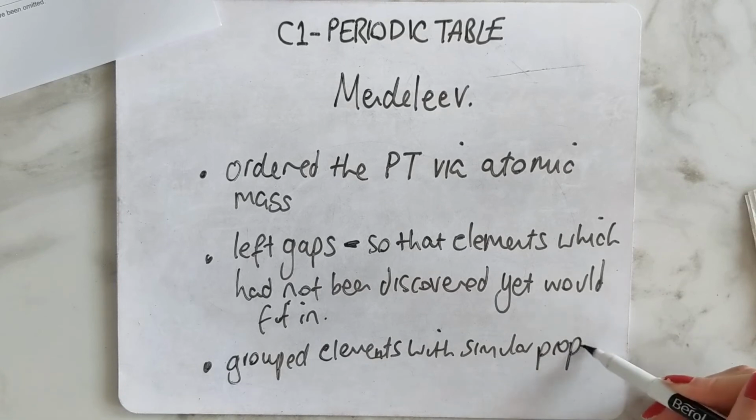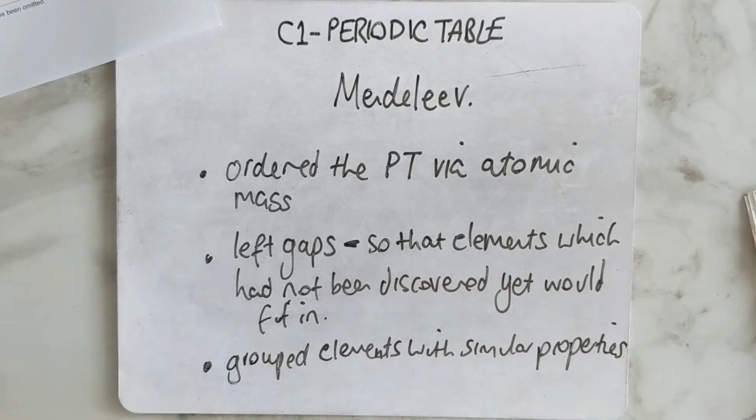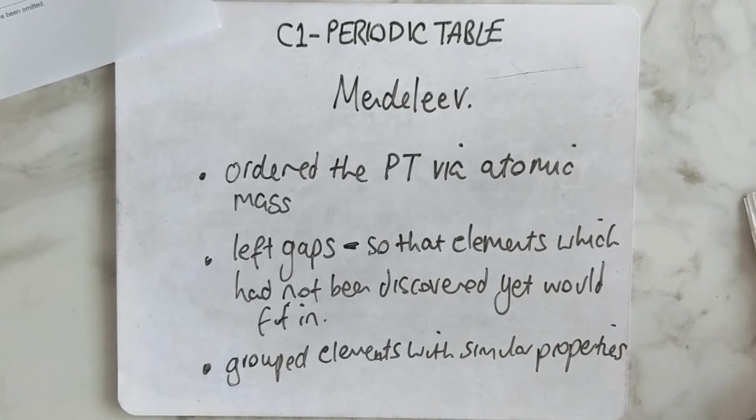So similar properties meaning metals or non-metals, do they conduct electricity, do they not? Do they react with water in a similar way? Do they react with oxygen in a similar way? That's what we call properties.